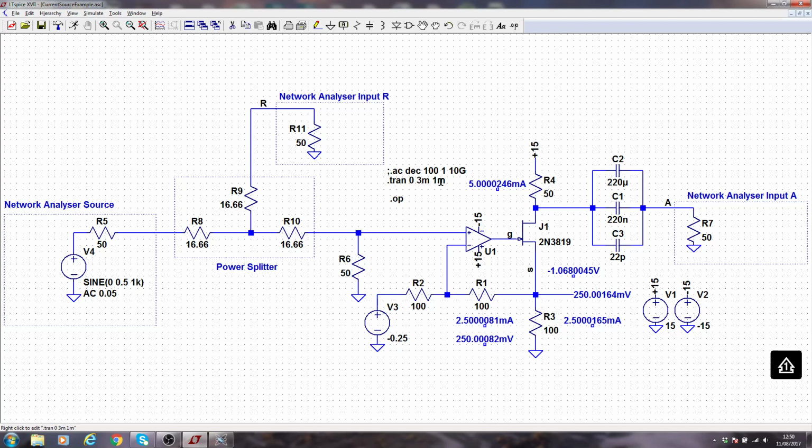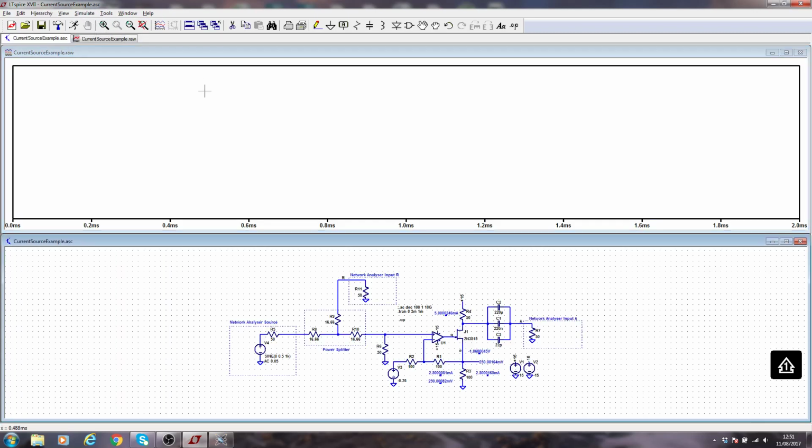If you want mega, it's big M, big E, big G. It's not big M. Spice doesn't care about upper or lower case. G is for giga. That could be lowercase, that would be fine as well. So if you want 10 to the 6, it's MEG. It often trips people up. So I can simulate and run, and it will divide the screen in half, and I've got a graph pane with 2 milliseconds worth of data.